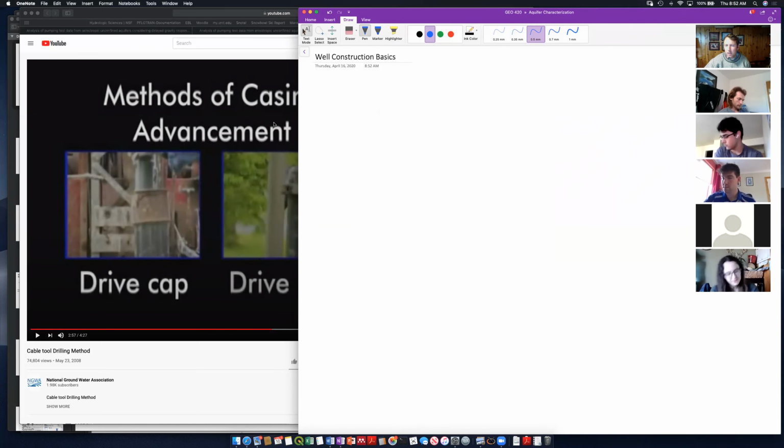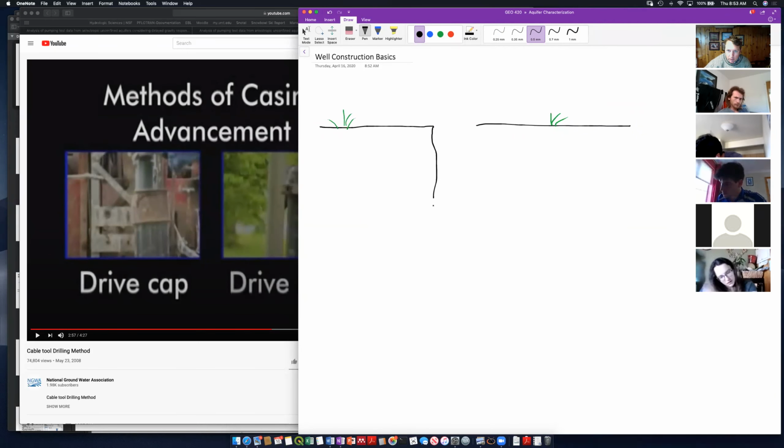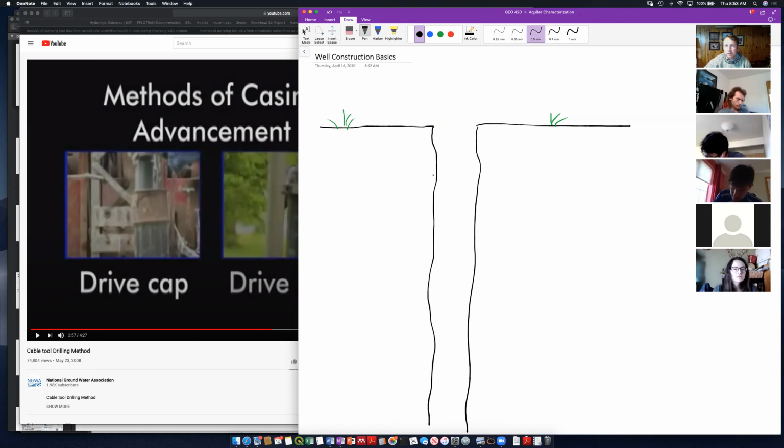Okay, so let's, here's our land surface. And we run our wireline here or whatever method. And what we end up with is an open hole, all right, that is vertical down into the subsurface.